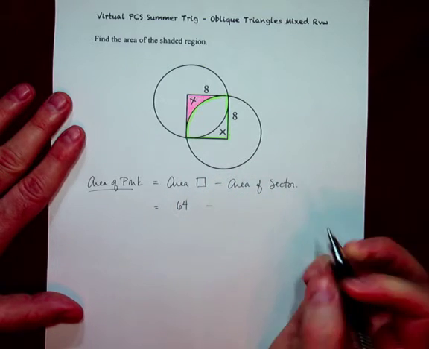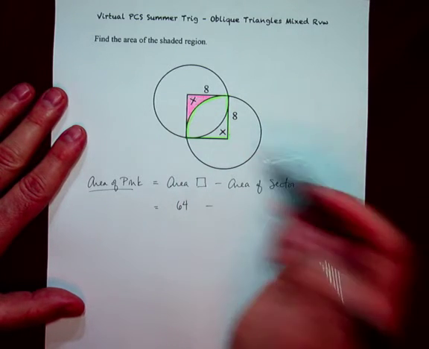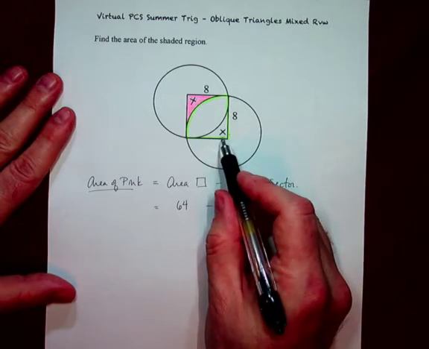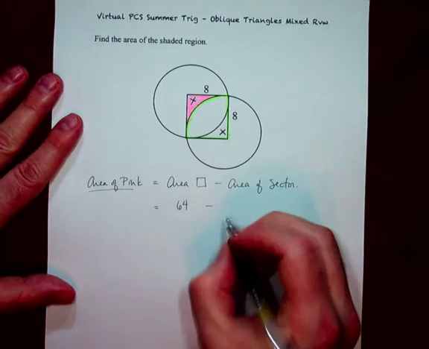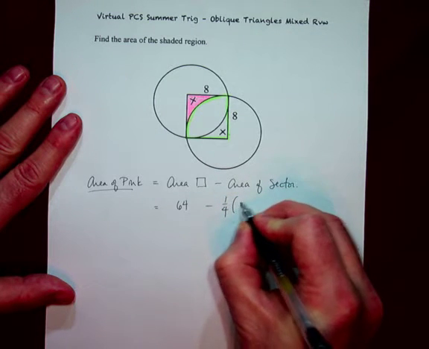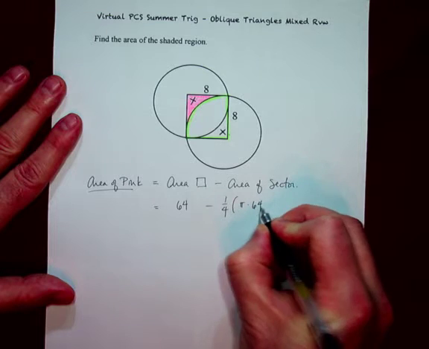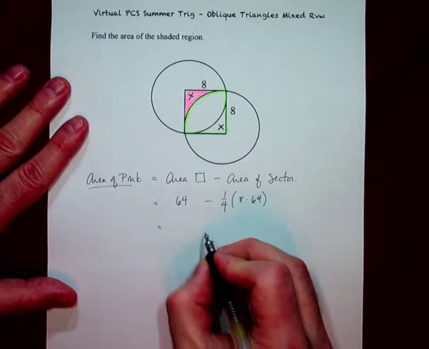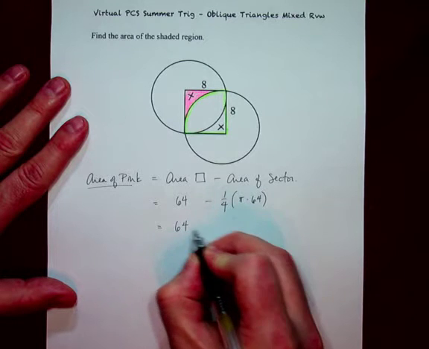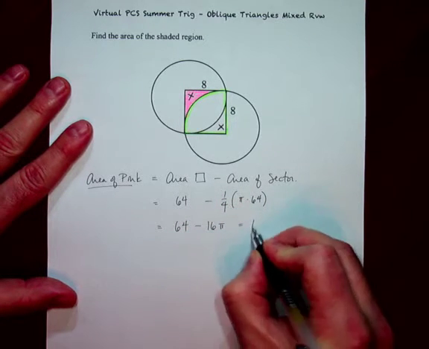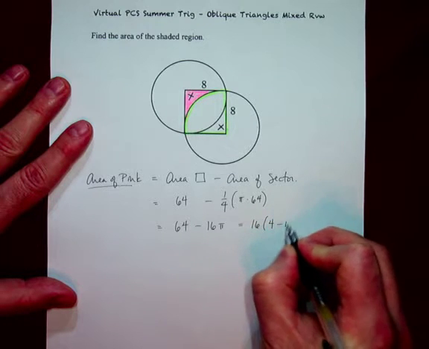The area of the sector, well, if that's a square right there, then that's a right angle, and that's 1/4 of that circle. And therefore it is 1/4 pi r squared.